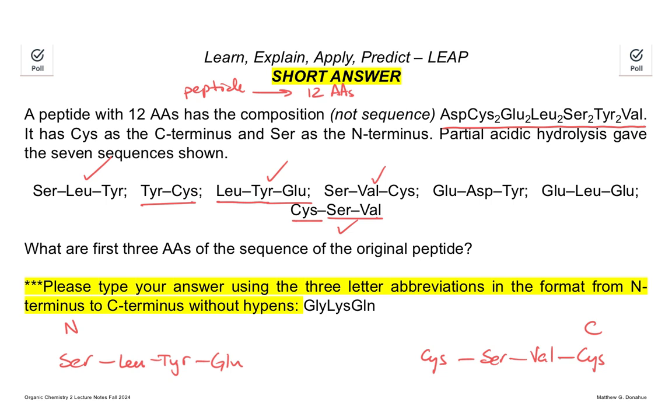So that means that Cys and that one are the same thing. So now we're there, so we got that. So how many do we have? 1, 2, 3, 4, 5, 6, 7, 8, 9. So we need to do some more overlaps here.